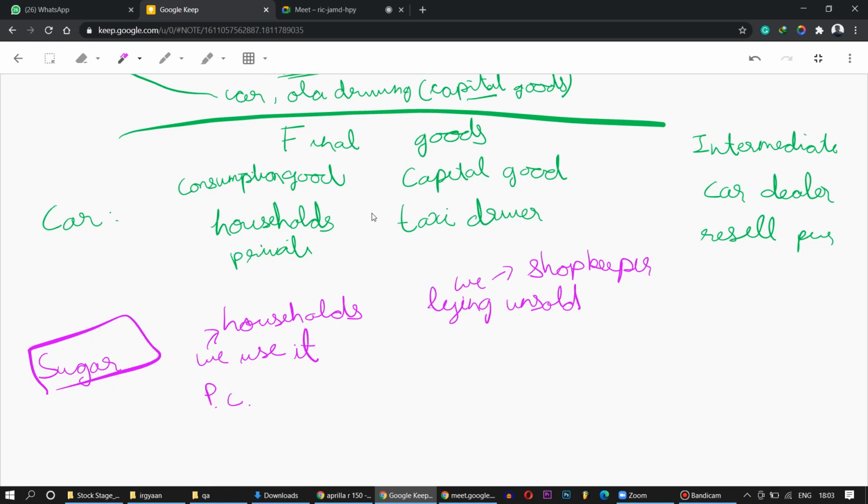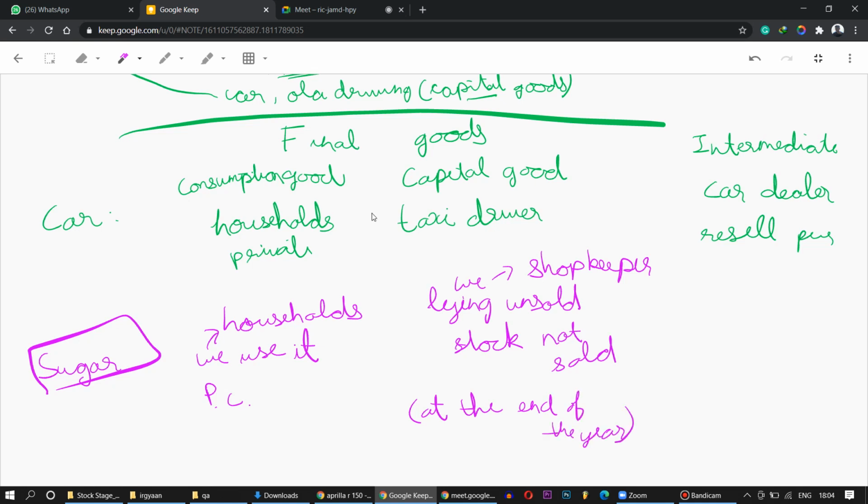In this case, we have to see as a shopkeeper, because shopkeepers will have this lying unsold. It is yet to be sold. Stock not sold. And this will be calculated at the end of the year.